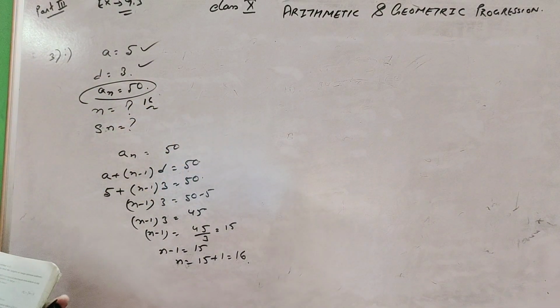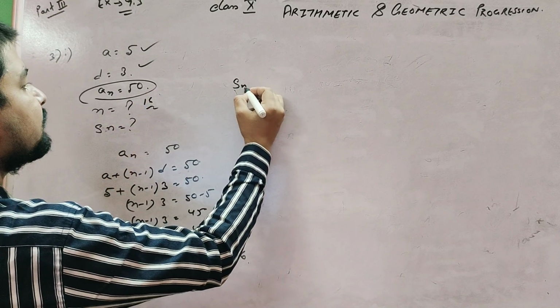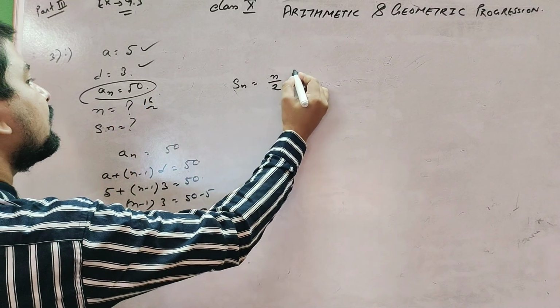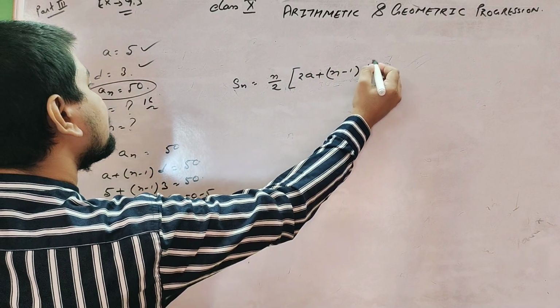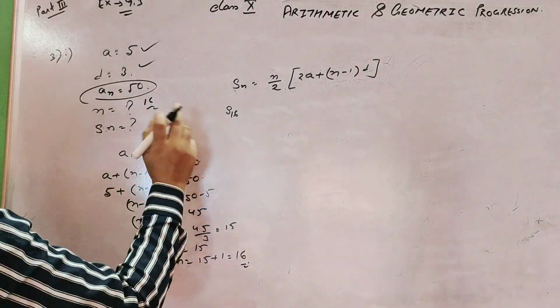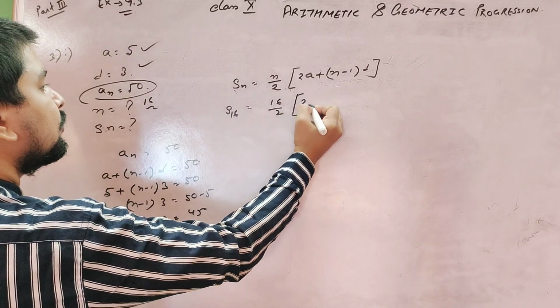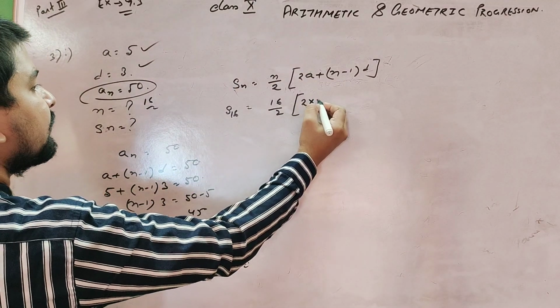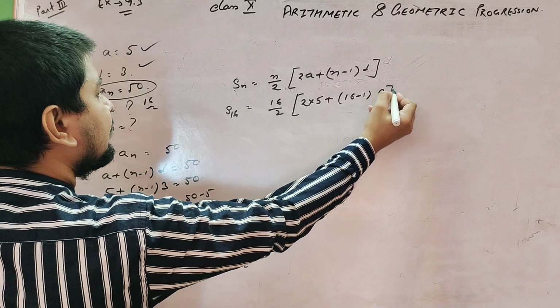Now to calculate the sum, S_n formula we know: n upon 2 into 2a plus n minus 1 into d. Here n is 16. So n upon 2, that is 16 upon 2, times 2 into 5 plus 16 minus 1 into 3.